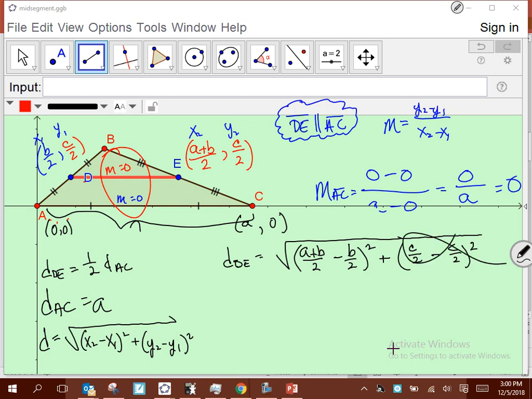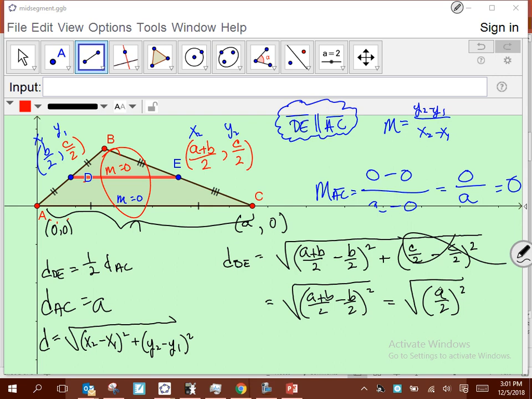Do we all see it? That wipes away right there, and all you're left with is this: A plus B over 2 minus B over 2, squared. Well, didn't we already do that math? A plus B over 2 minus B over 2, what did that equal? A over 2. So now underneath my radical, I have A over 2 squared.